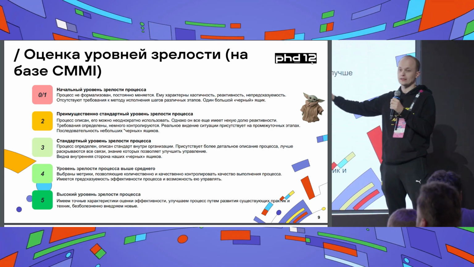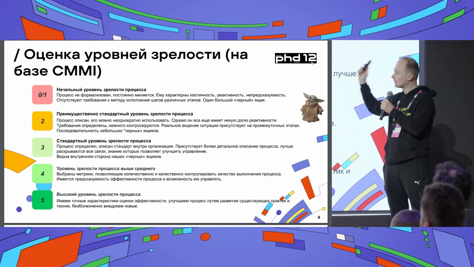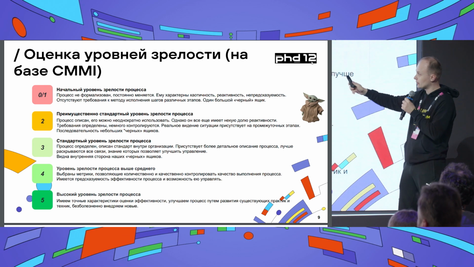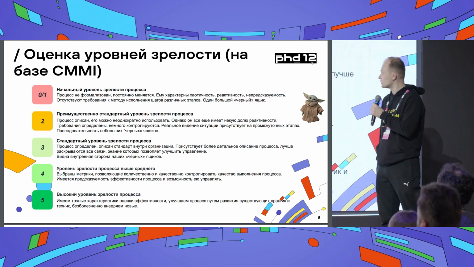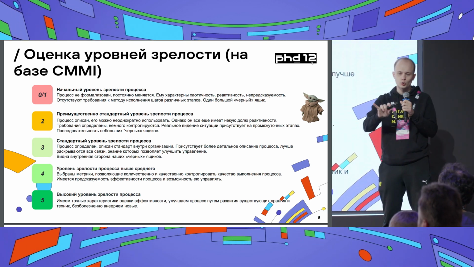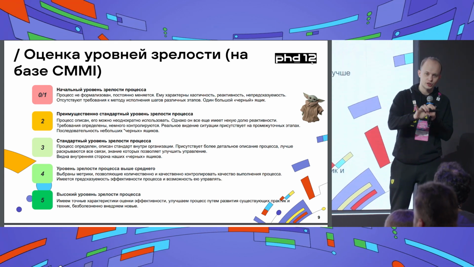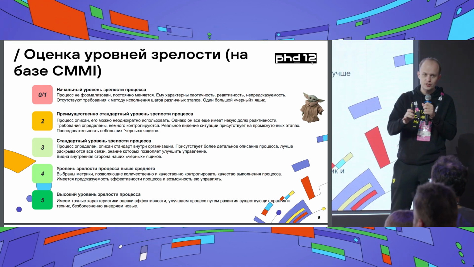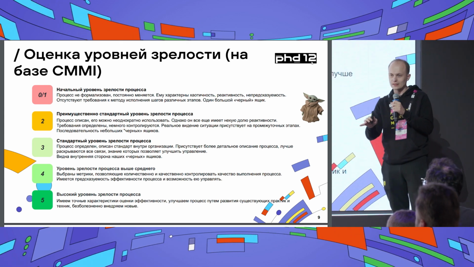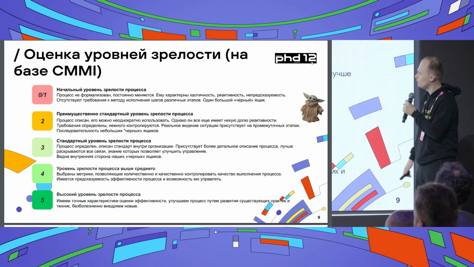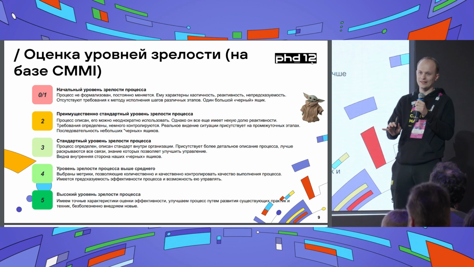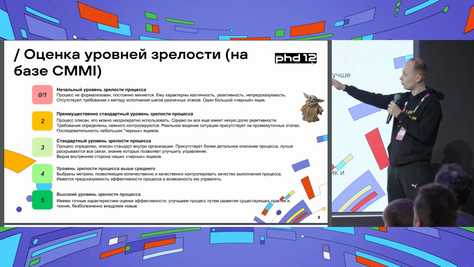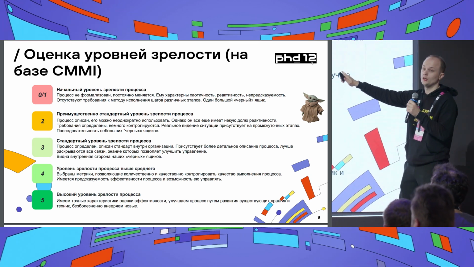Level 2. Standard level of processes. This is already not bad. The process is described and it can be reused, but we try to improve it, we try to tune it. We see a lot of drawbacks there, a lot of metrics are missing, and we don't have full-scale control.